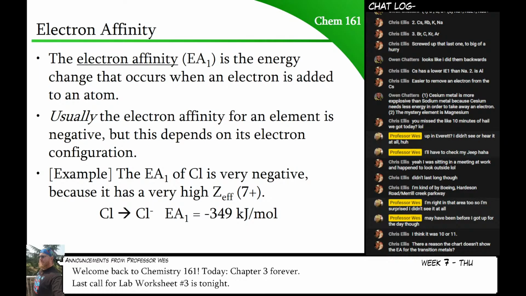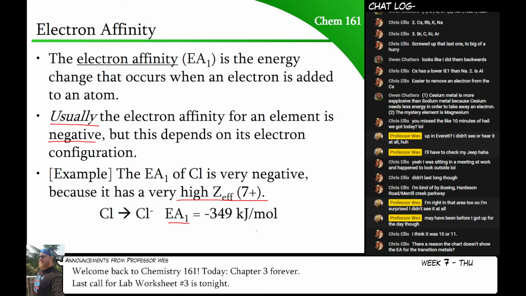All right. So, like we said, generally speaking, the electron affinity is negative, and it becomes more negative for high Z effective. Now, just like there's an electron affinity 1, there is an electron affinity 2, 3, 4, etc. And that would be the second electron you add, the third electron you add, the fourth electron you add, etc. Those numbers do exist.